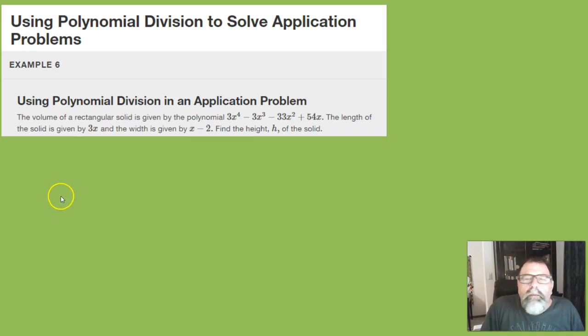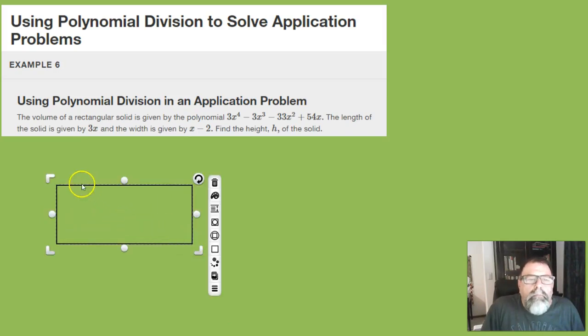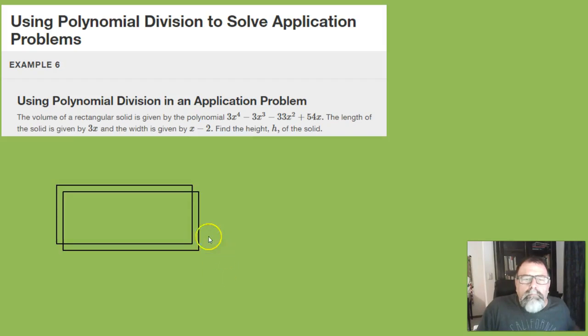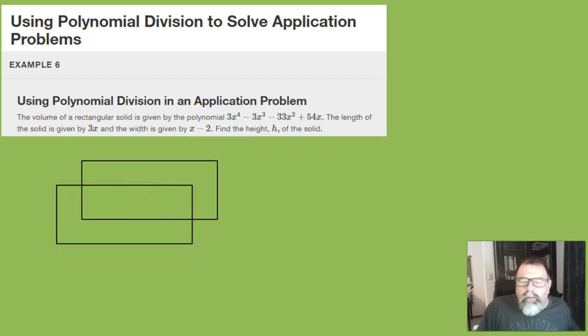Okay, so we have a rectangular solid, so basically a box. And then let's see, the length of the solid is given by 3x.